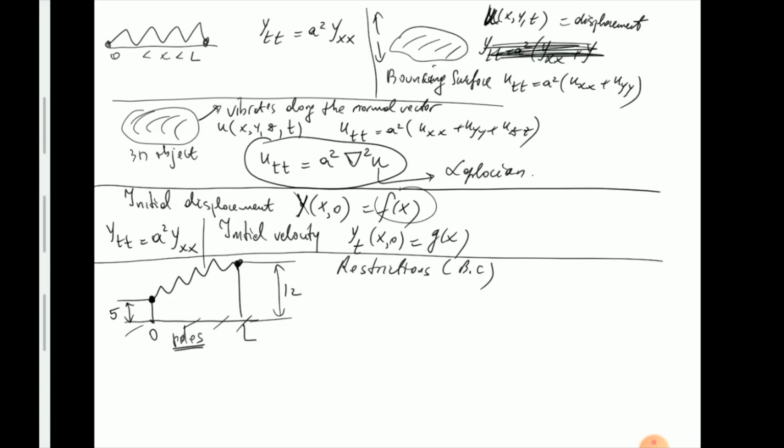So you have essentially an initial displacement that is there forever, right? So for example, you would have y of 0, t equals 5, y of L, t equals 12. So that means those 2 points are fixed, no matter how much the whole string vibrates up and down. So the endpoints left and right are at two fixed values.